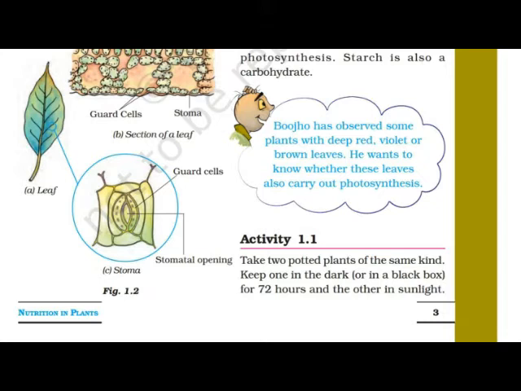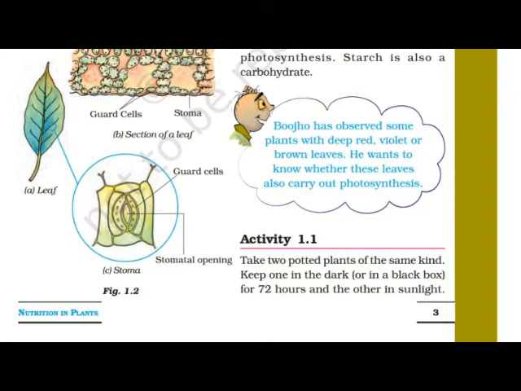After performing the iodine test, we will get a very clear result which will tell us about the presence of starch. The plant that we kept in the sunlight will show the presence of starch in the iodine test, and the plant that we kept in the dark will not show any starch in the iodine test.